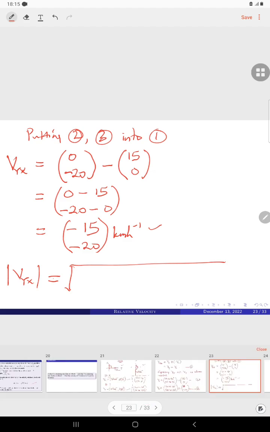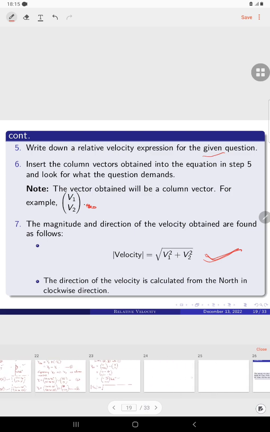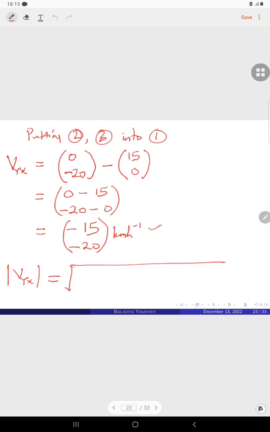I hope you are following. Very good. So now let's go. -15 squared plus -20 squared. And when we simplify this, we are going to get 225 plus 400.